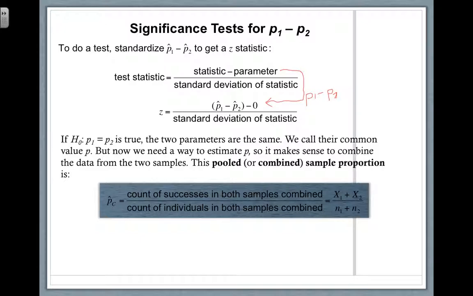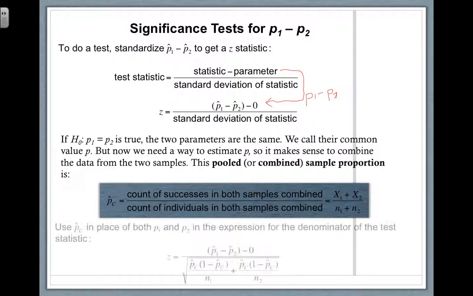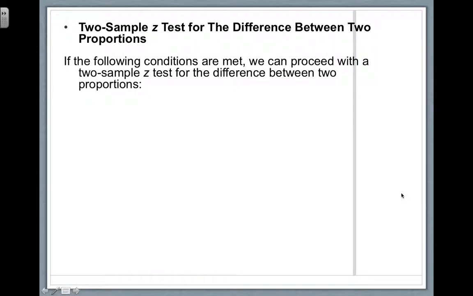And as far as our standard deviation is concerned, we're going to be using the following down here to note our standard deviation. So as far as our test statistic is concerned, it is the same form, but it looks significantly different.